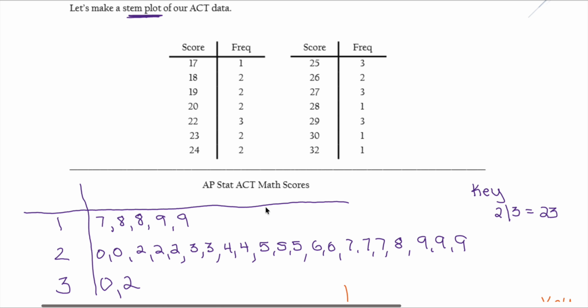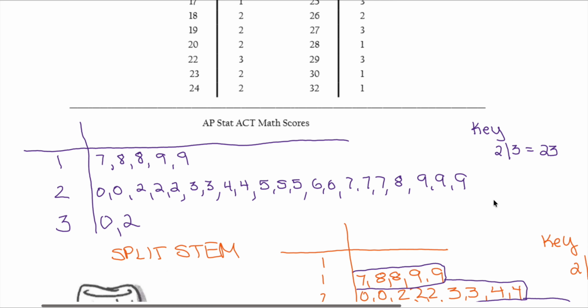Don't forget that a key part of the Stemplot is to put down the key. The key tells the reader what your Stemplot means. I draw it this way, and what does 2, slash, 0 mean? It means 20, and this is an example. Okay, so this is a Stemplot.